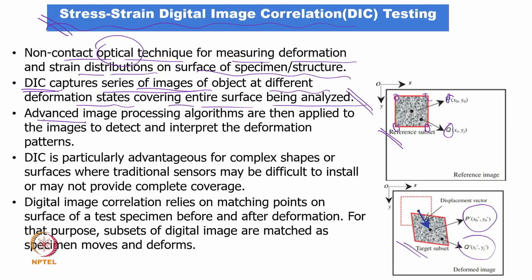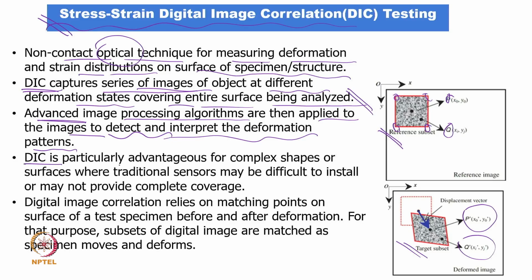What we are seeing in this case is that advanced image processing algorithms are applied to the images to detect and interpret. Detection is one thing, interpretation is another. Again, the software plays an important role, understanding the science plays an important role, and we require a few iterations, or a good database and few iterations, to match our own situation or our own system where the failures are happening.